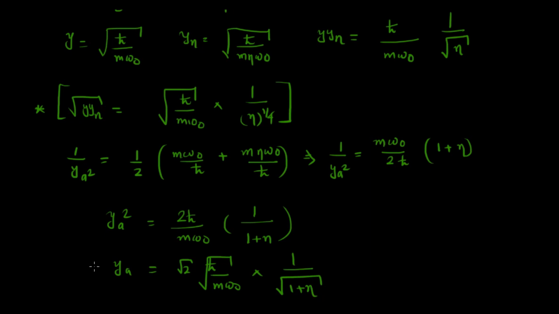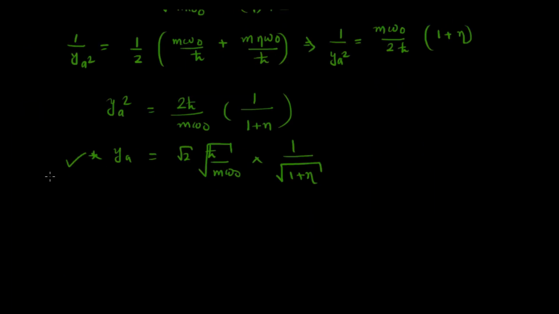So we have found square root of yn and ya to be like this. And now we will evaluate the overlap integral I, that is equal to ya divided by square root of yn.